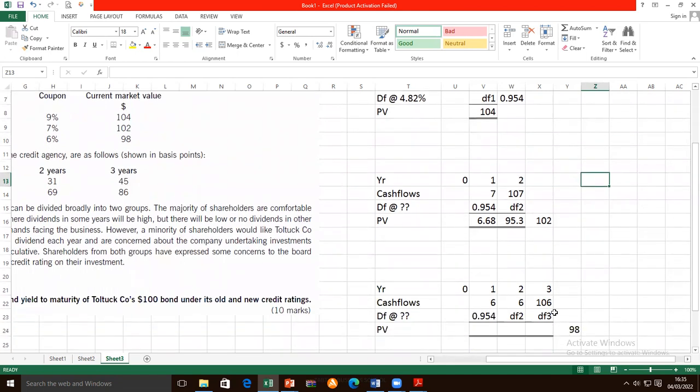So some of you may ask, what discount factor should this be? I'm sure with a spreadsheet it's even easier.